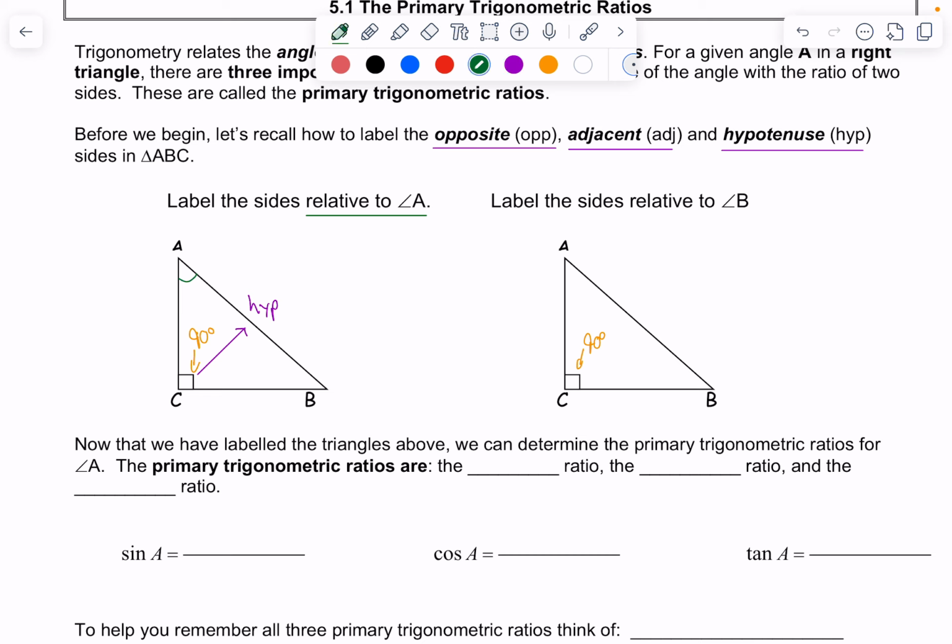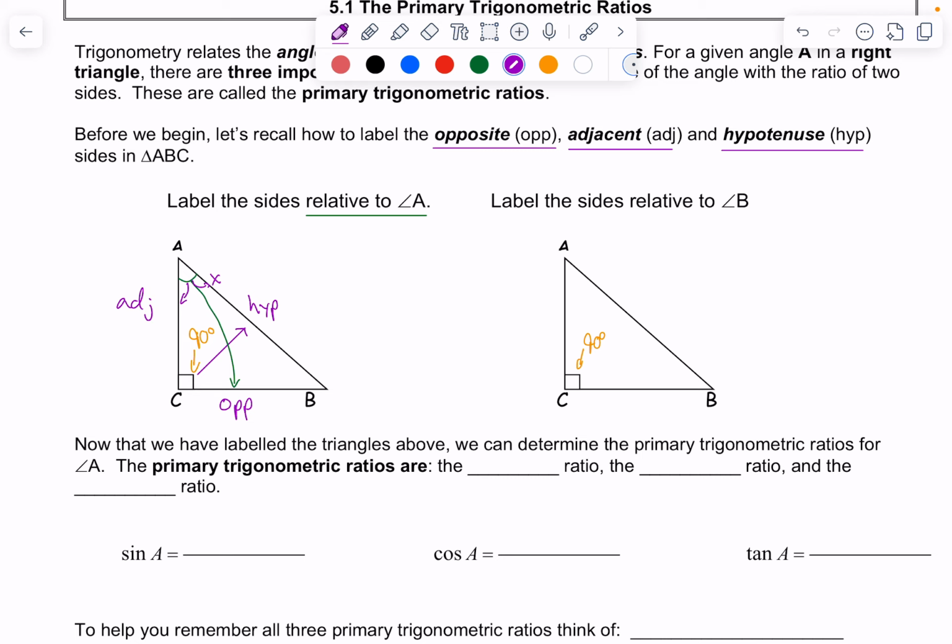Then opposite the angle in question, this angle A, this would be opposite. And the one that it's touching, well, it's touching two technically, but it can't be this one because that's the hypotenuse. So the other one it's touching is your adjacent.